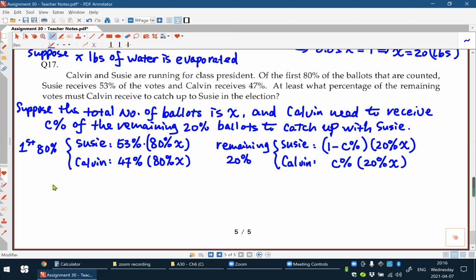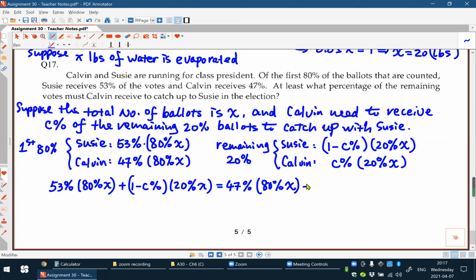So that means the total number of ballots Susie gets, 53% of 80% of X plus 1 minus C% of the 20% of X, should equal 47% of the 80% of X plus C% of the 20% of X.